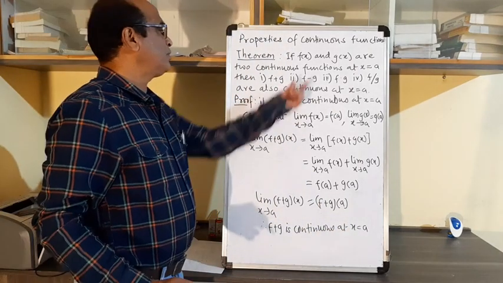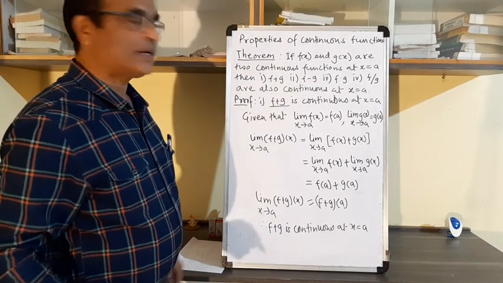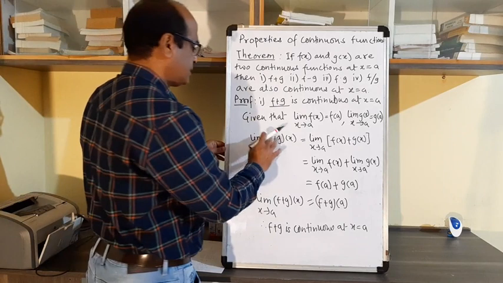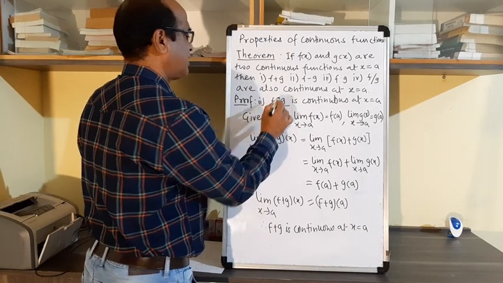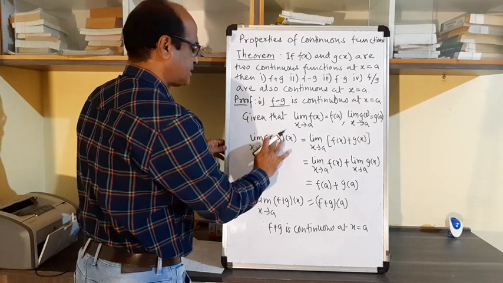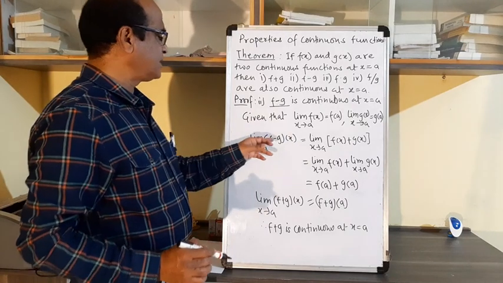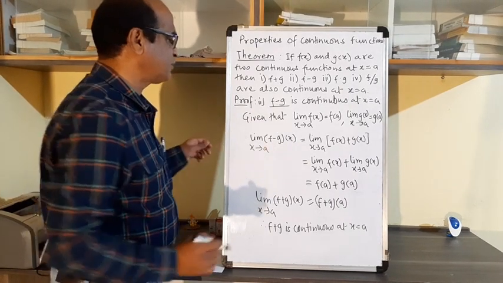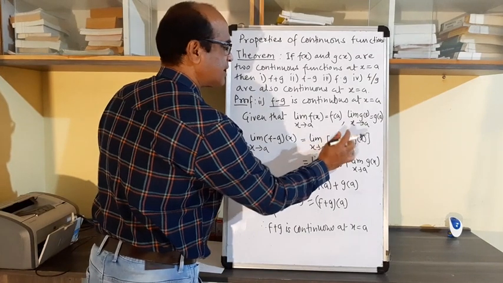So now we prove the second, f minus g. So how can we prove this f minus g? So second is what here? Second, f minus g. So simply write here minus instead of plus. So limit of (f minus g)(x) as x tends to a is equal to f(x) minus g(x).